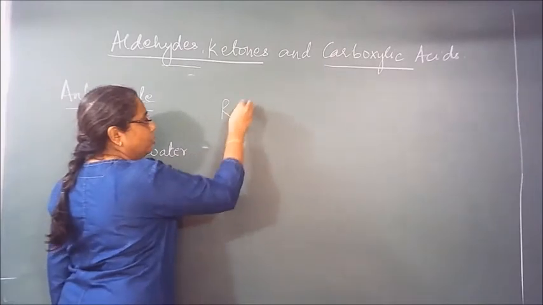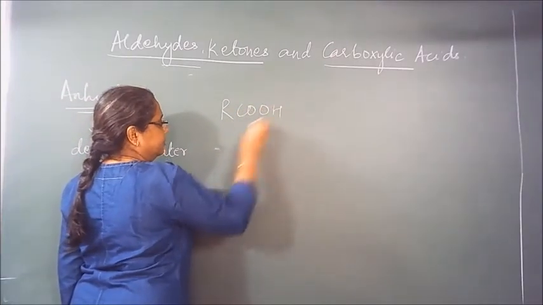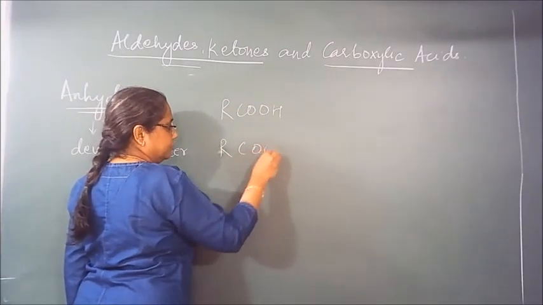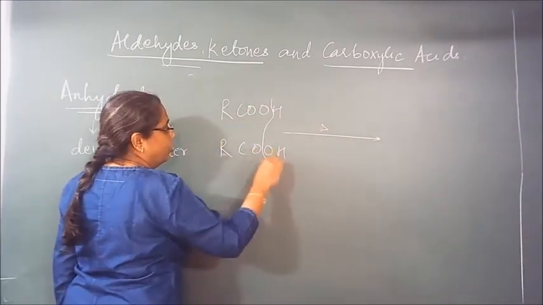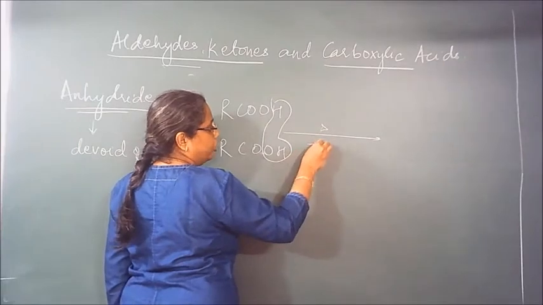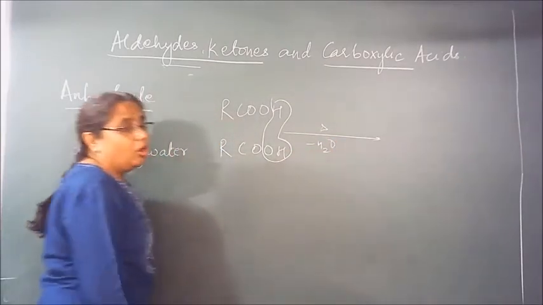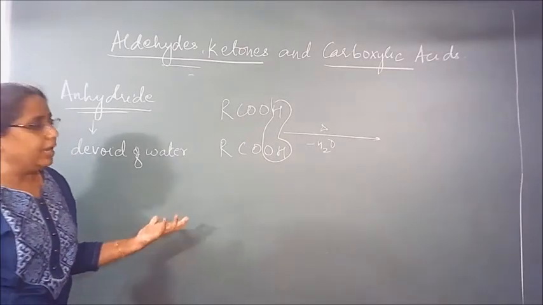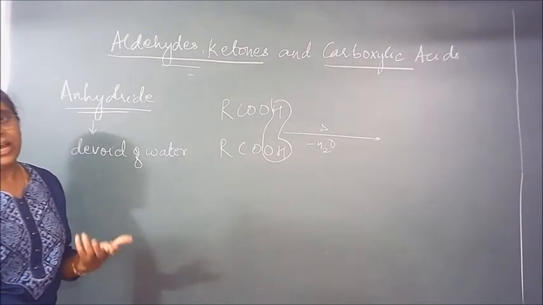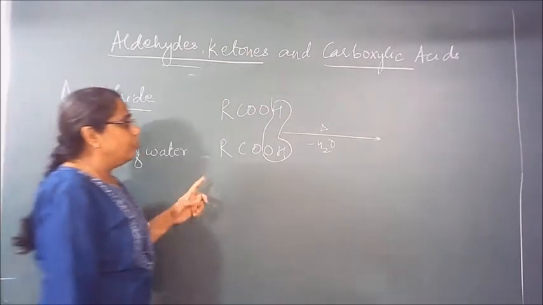So when I take two molecules of an acid and I heat it, I lose what? One molecule of water from the acid. It results in the formation of a crystalline anhydride.